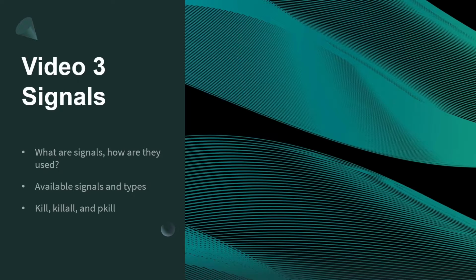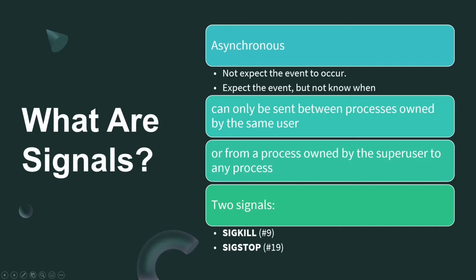Let's start with what are signals. Signals are one of the oldest methods of inter-process communication, IPC, and are used to notify processes about asynchronous events or exceptions.